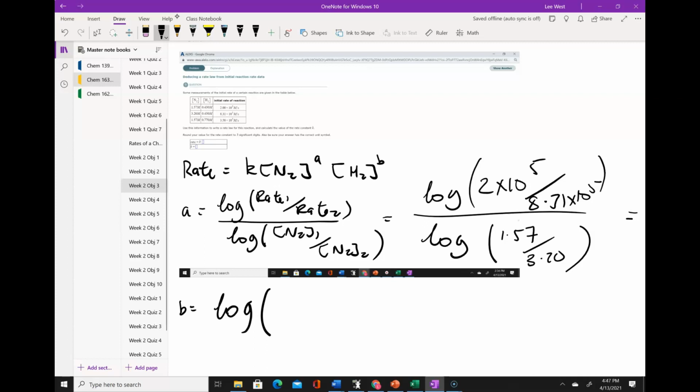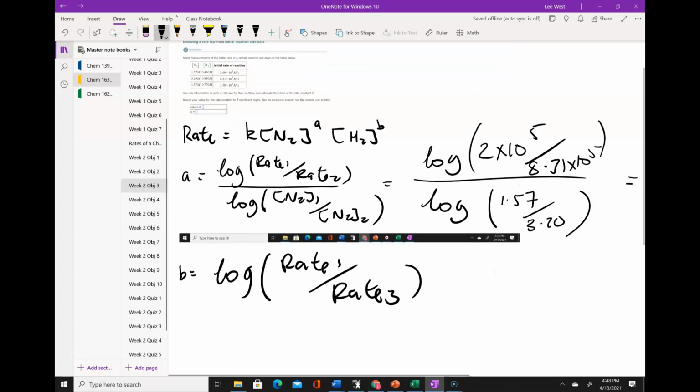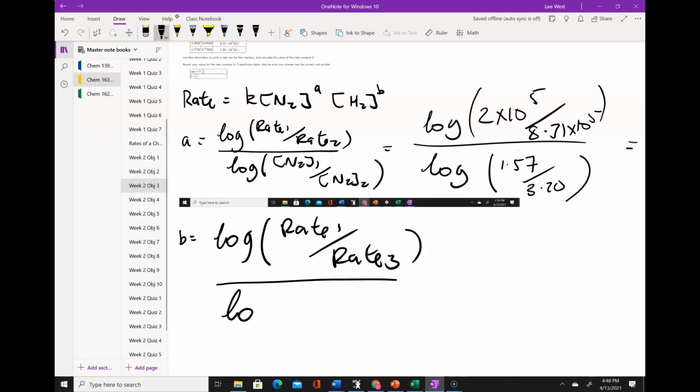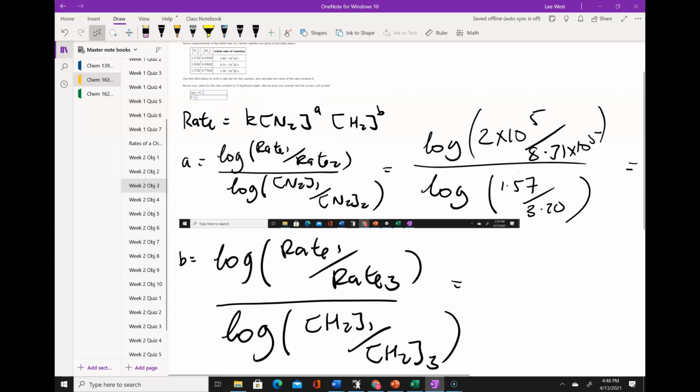So log of rate 1 over rate 3 this time, divided by log of the concentration of H2 in 1 over the concentration of H2 in 3. That's what's going to give me B. So get my numbers in.